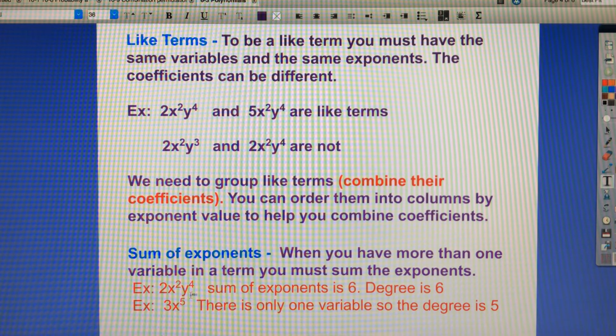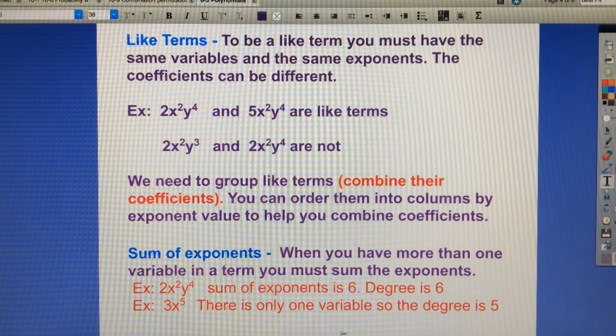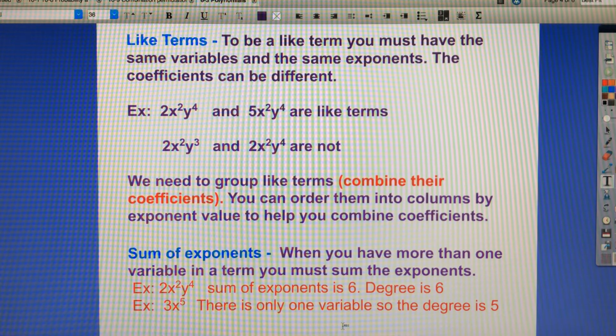Example, 2x squared y to the fourth. The sum of the exponents is 6. Therefore, that term has a degree of 6. 3x to the fifth, there is only one variable, so the degree is 5. There was one exponent with one variable, degree of 5.